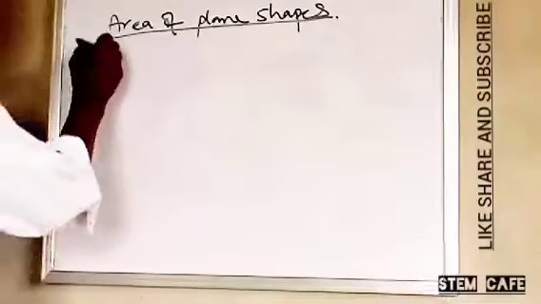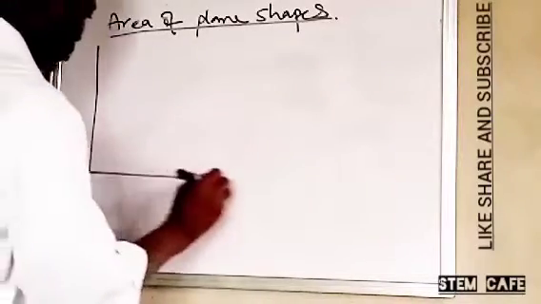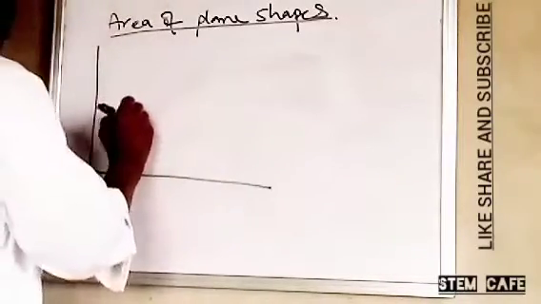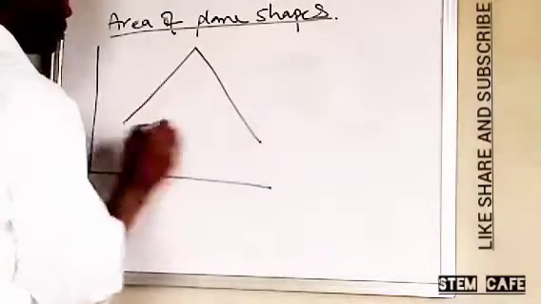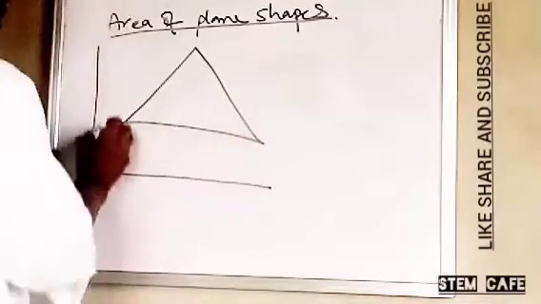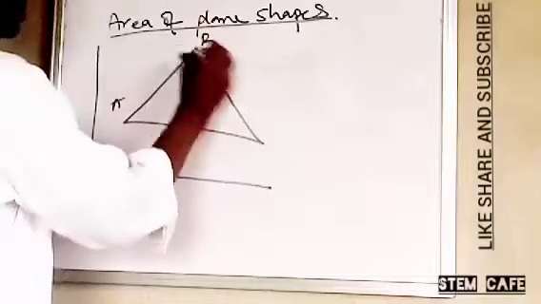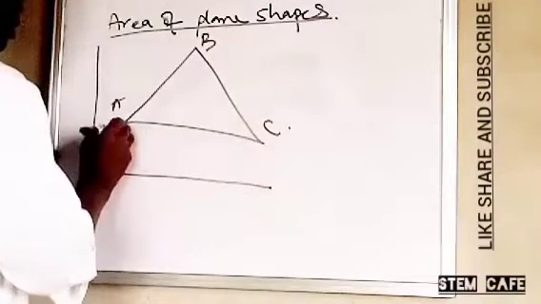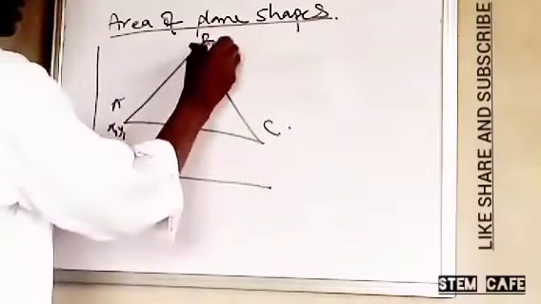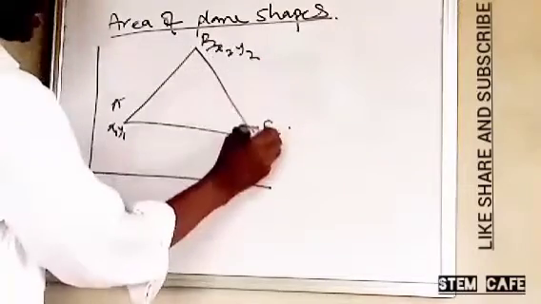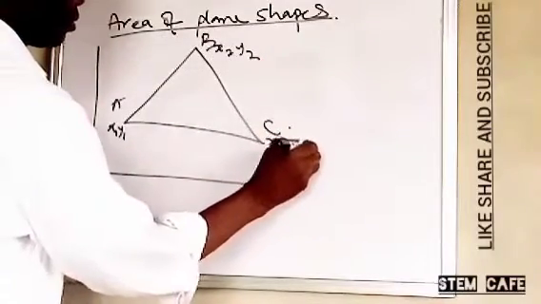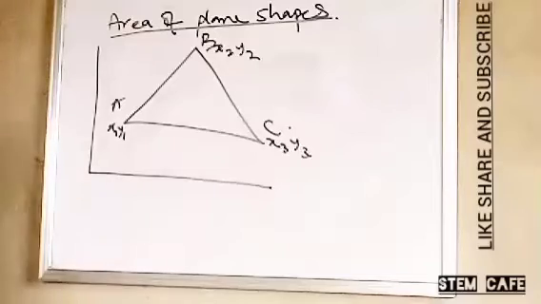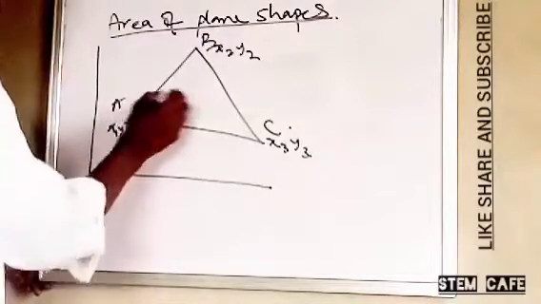Now let's look at triangle. If you have a triangle like this, triangle will have three sides. Let's call it A, B, and C. X1, Y1, X2, Y2, X3, Y3. Now, what do you do? You just look at it.